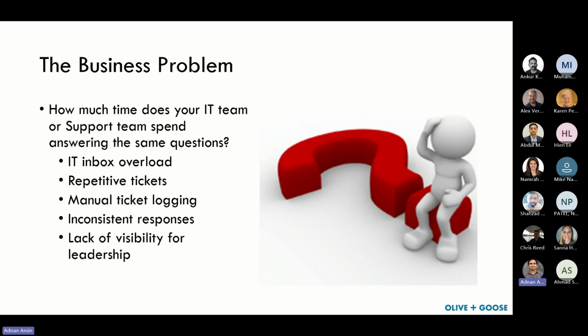This creates several challenges: slower response time, poor employee experience, operational inefficiencies, knowledge not being reused effectively, and no structured data for leadership insight. And what I will say, this is not a technology issue, it's a process issue where AI can play a transformative role.